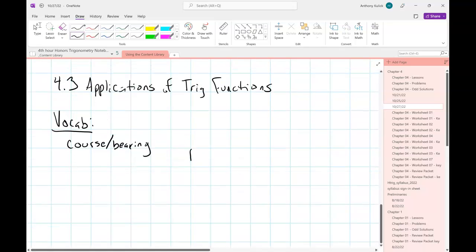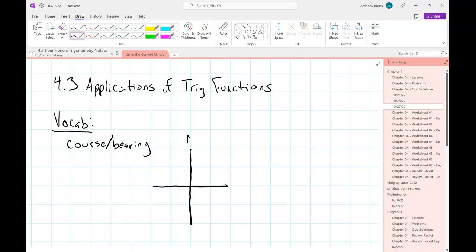For a course or a bearing, the angle that we're describing starts at due north and rotates clockwise. Course and bearing angles are only defined from 0 to 360.